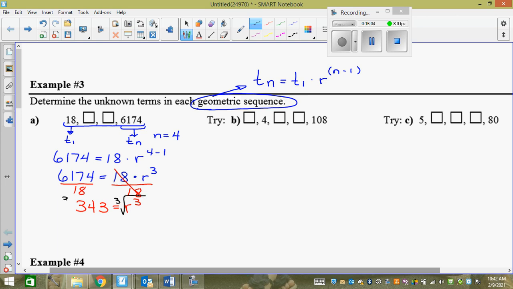Where the heck is that button? It's on your calculator. So what we can do is there's a square root button, there's a cube root button, but if there's anything bigger than cube root, you have to do it a specific way. So we're going to practice the cube root one that way anyways. So you're going to press 3 on your calculator, and then you're going to press math.